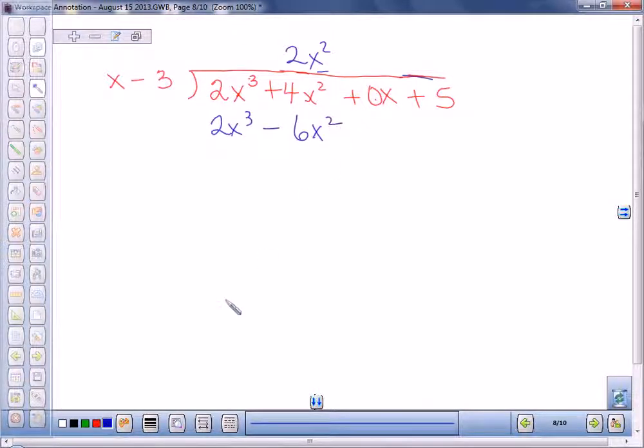Okay, now we're going to change our signs. And that gives us 10x squared. And we bring it down. Plus 0x.